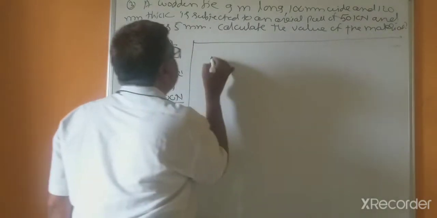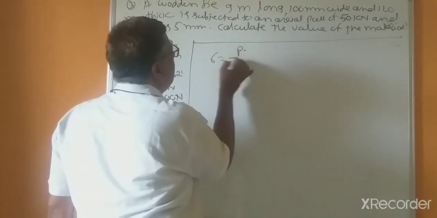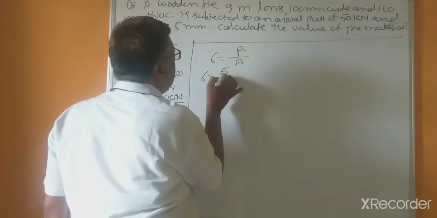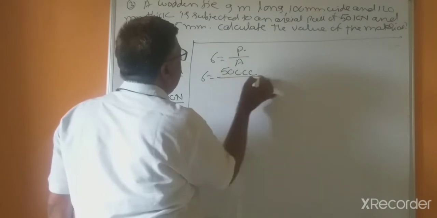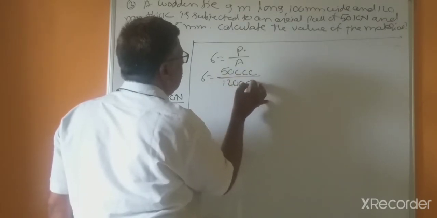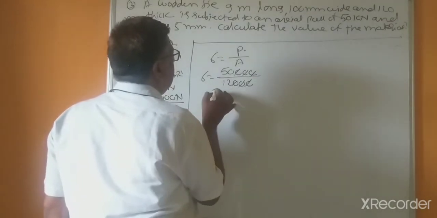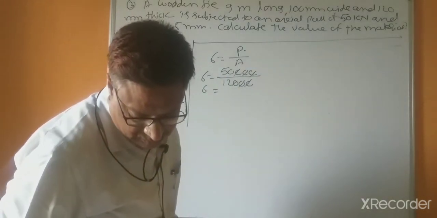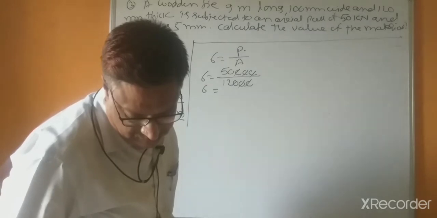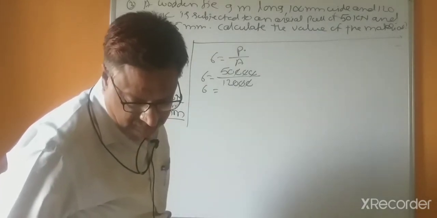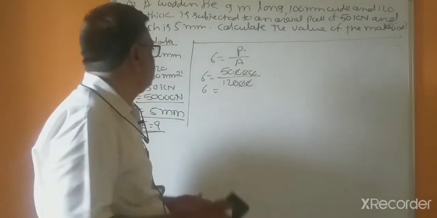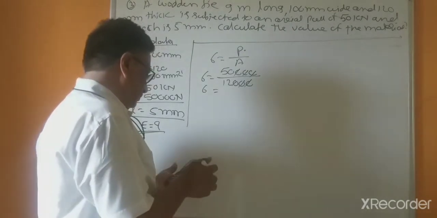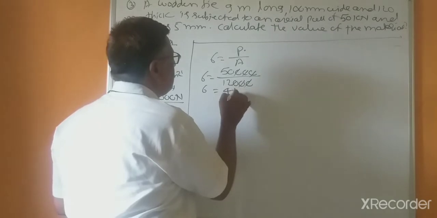So stress equals P divided by A. P equals 50,000 divided by 12,000. This is 4.166.